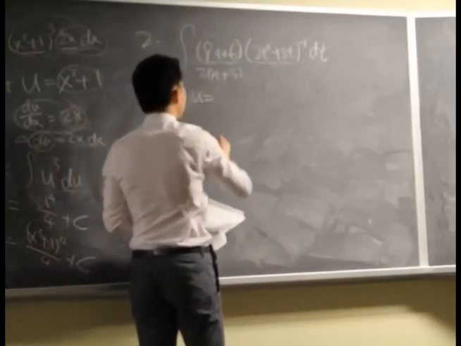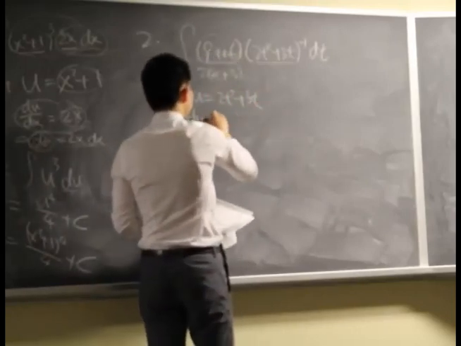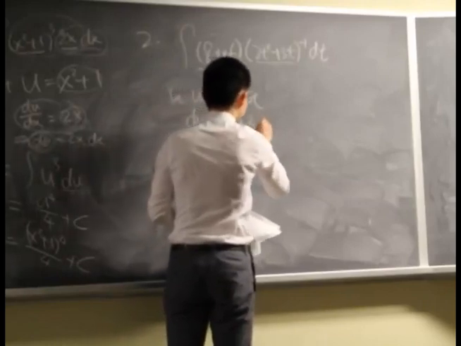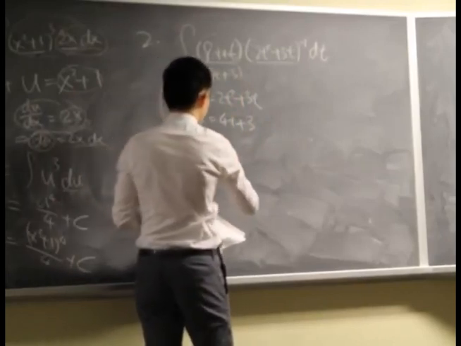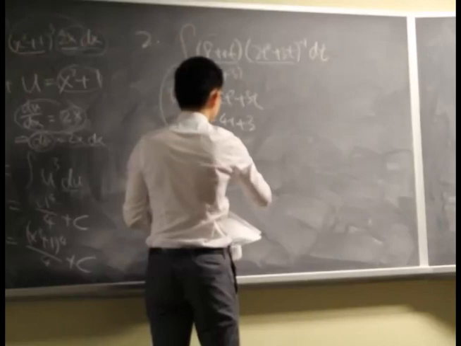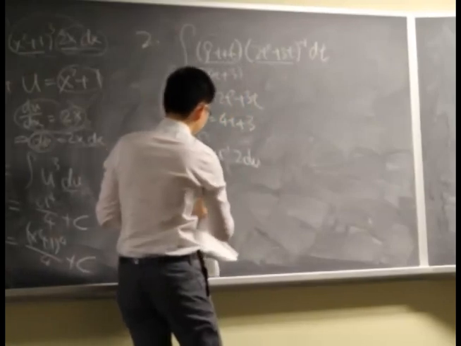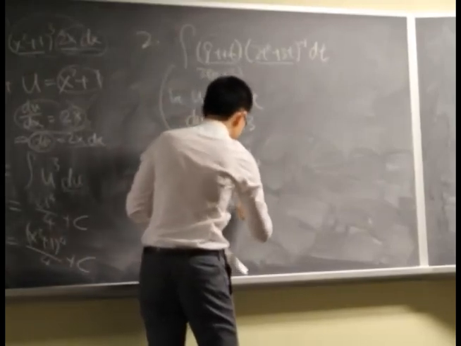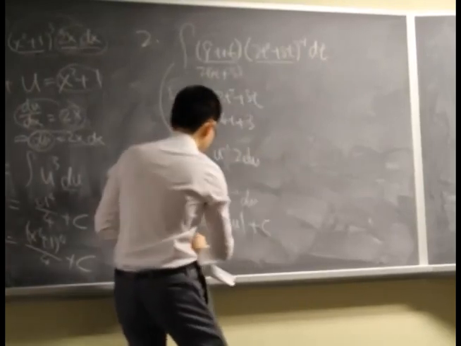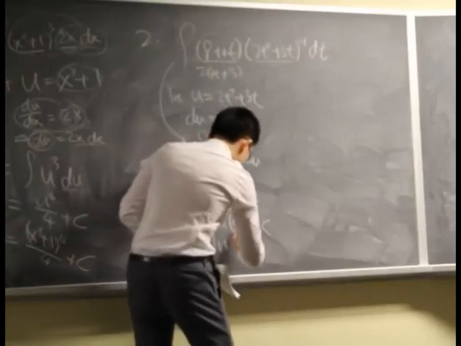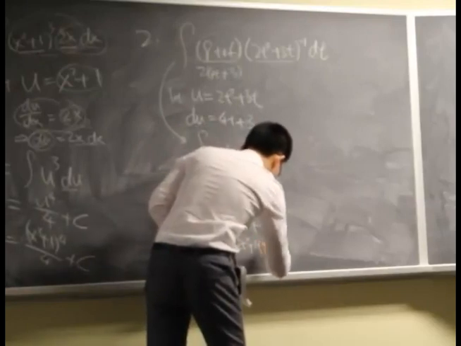So if we let u equal 2t squared plus 3t, then du is going to be equivalent to (4t plus 3) dt. And this integral translates to the integral of u to the power negative 1 times 2 du. That's going to be equivalent to 2 times the integral of u to the negative 1 du, which is 2 ln of the absolute value of u plus c, which is 2 ln of the absolute value of 2t squared plus 3t plus c.